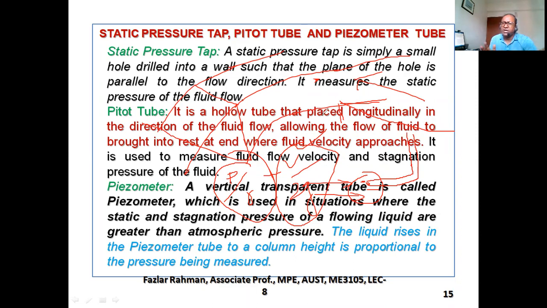Because you stop the flow by making the dam. That means you bring the velocity to zero. So where is that kinetic energy going? It is converted into pressure energy. That's why the height gradually rises. And if your dam is weak, then what will happen? It will break down, right?